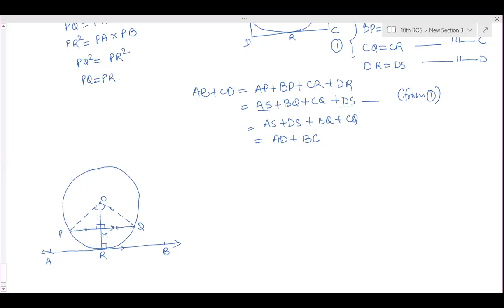So by SAS, these two triangles are congruent. Therefore, this angle is equal to this angle, QOM and POM are equal. Now arc PR and arc QR subtend equal angles at the center. So therefore, these arcs are equal in length. Clear? Yes, ma'am. Thank you, ma'am.